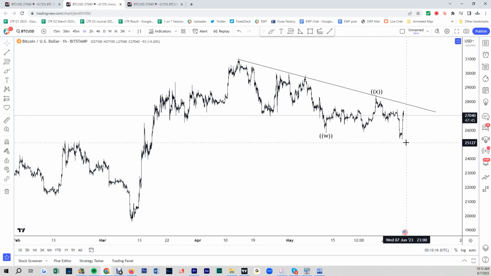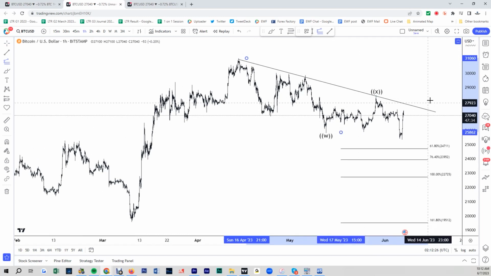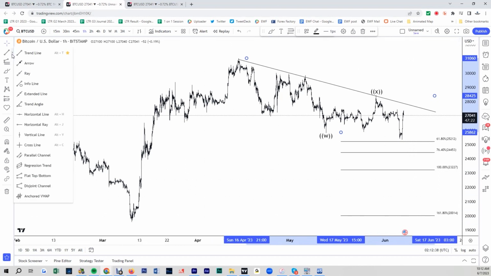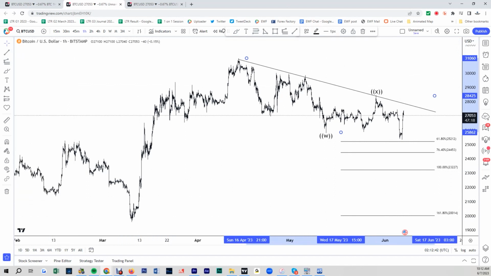So we could develop another ABC down before finishing the Y. In this case, typically it can go to the 100% extension of the WX, which is going to be this area here, 23,227, right? So this is the potential target area for the move lower here.